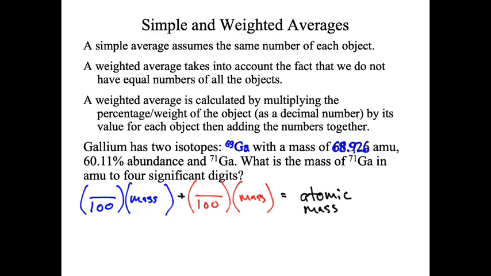Did it have a percentage? Then what else was I asked? What other given information is in there? I know that I have a second isotope, gallium-71. Do I know its mass? Do I know its percentage?